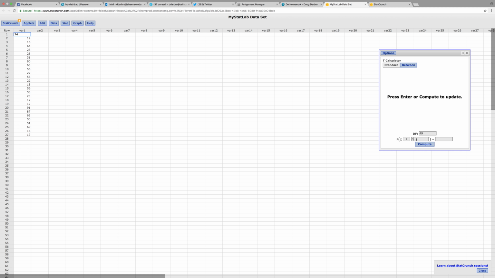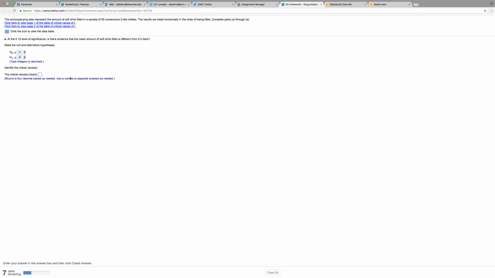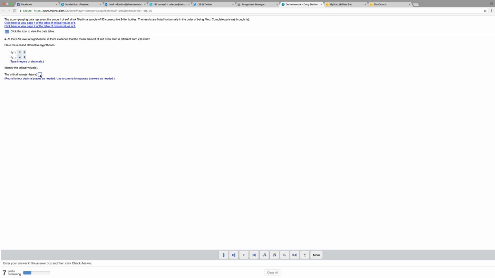We need 0.05 in each tail since the alpha level is 0.10. We want half in the lower tail, so negative 1.6766, and positive 1.6766.